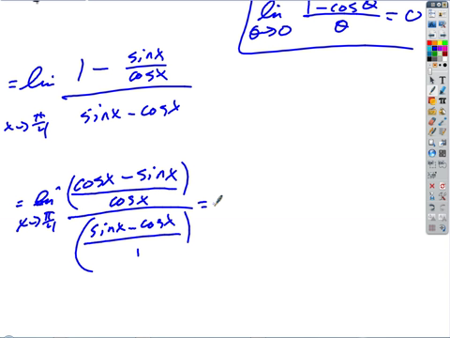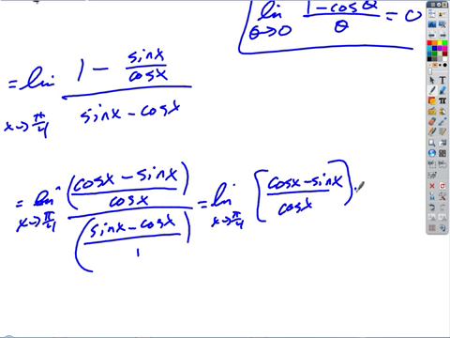So we get the top one times 1 over sine x minus cosine x. Now you guys are really good at this. We want to try to get cancellation, but it doesn't quite cancel yet.